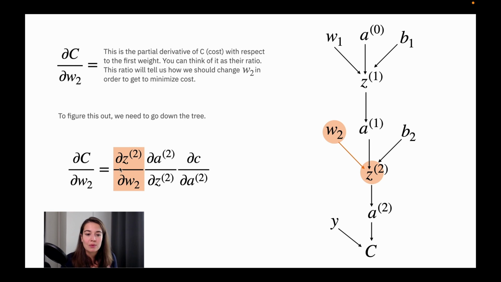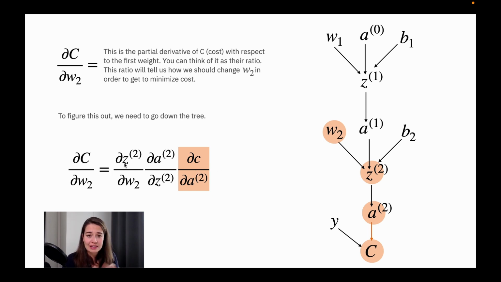Because we know the weight 2 is connected to Z2, we can get the derivative of Z2 with respect to W2, and then the derivative of A2 with respect to Z2. We're basically following the tree further down to the cost, and then we can get the derivative of the cost with respect to A2. There's a little typo here. This is supposed to be a capital C, but just so you know.